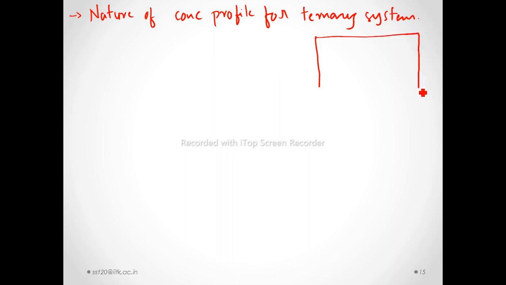Concentration profile for ternary system. So, in the previous class, I explained the concept of the ternary system and its main features.